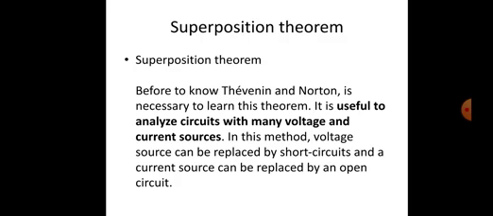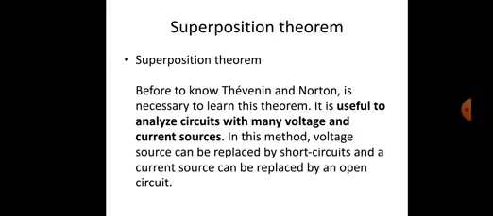Superposition theorem. Before Thevenin and Norton, it is necessary to learn this theorem. It is useful to analyze circuits with many voltage and current sources. In this method, voltage sources can be replaced by short circuits and current sources can be replaced by open circuits.